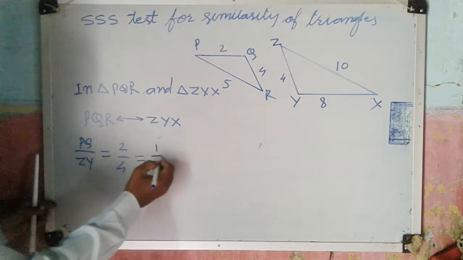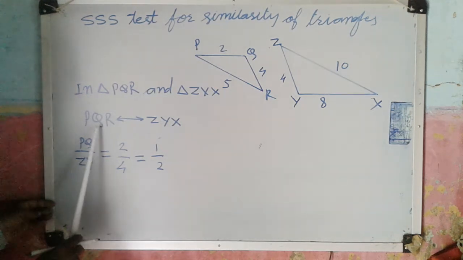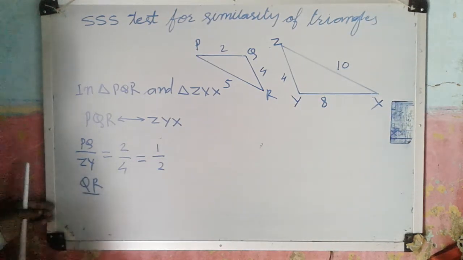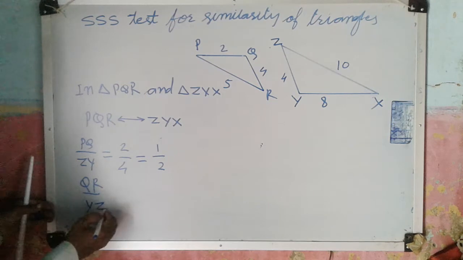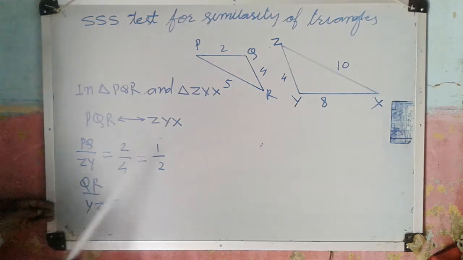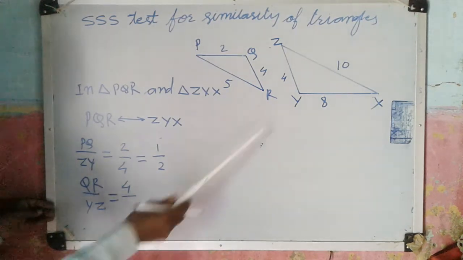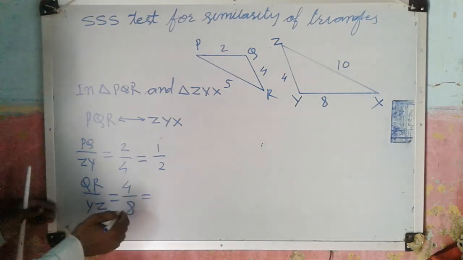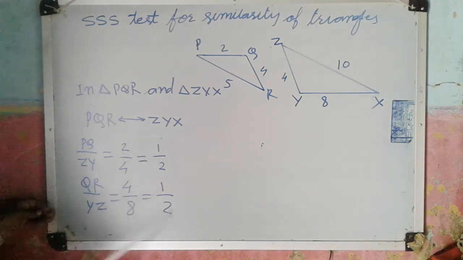Simplifying, this ratio is 1/2. Another pair is QR and YX: QR is 4 and YX is 8. Reducing to lowest form, 4 ones are 4, 4 twos are 8, so this ratio is also 1/2.